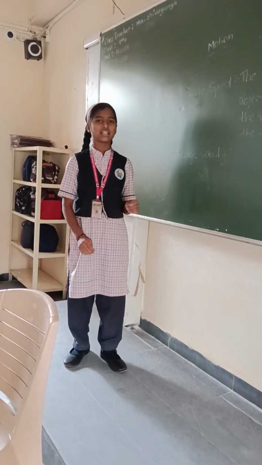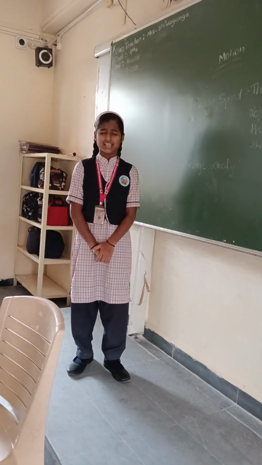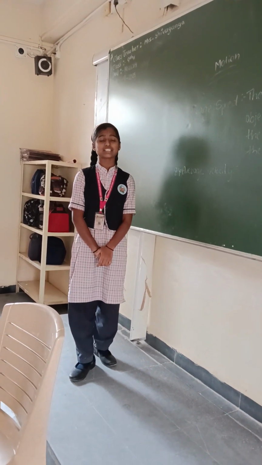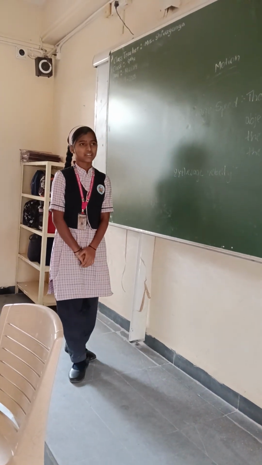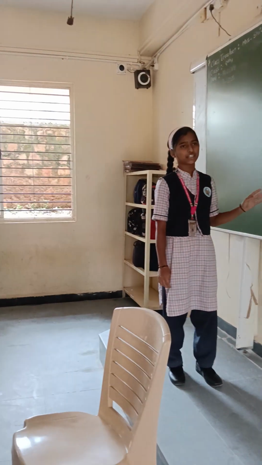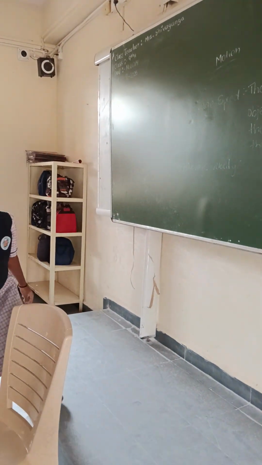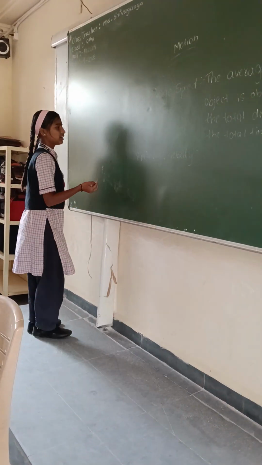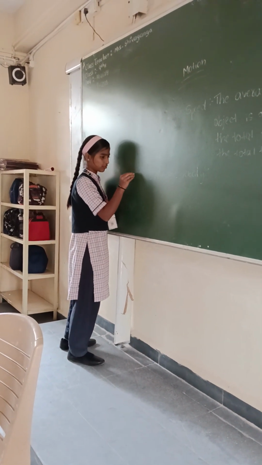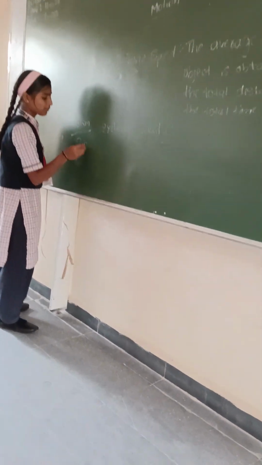Consider an object that travels a given distance in a given time. If a car travels 100 kilometers in 2 hours, we find the average speed with the help of a formula: 100 kilometers divided by 2 hours.